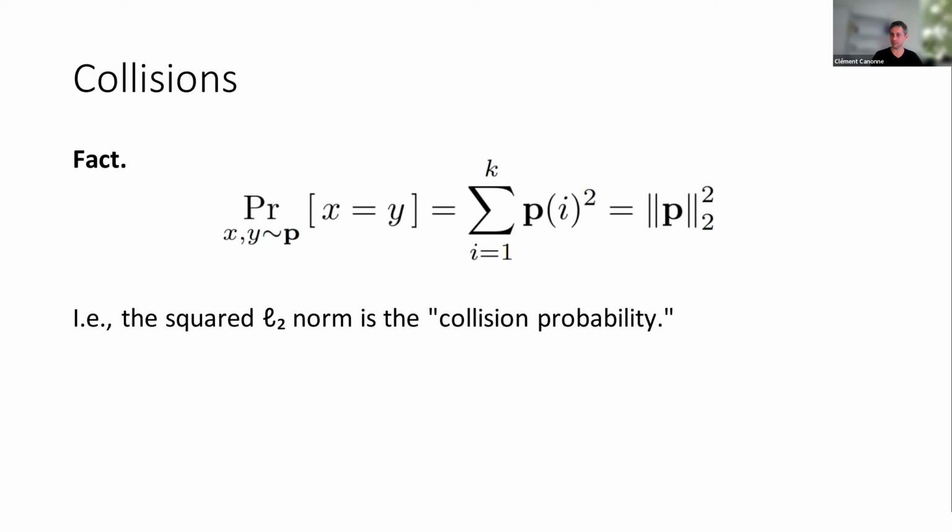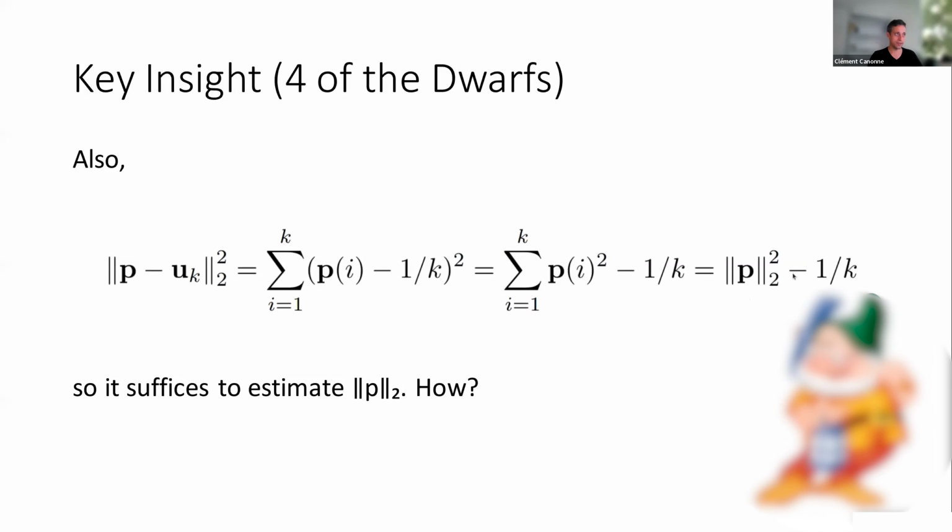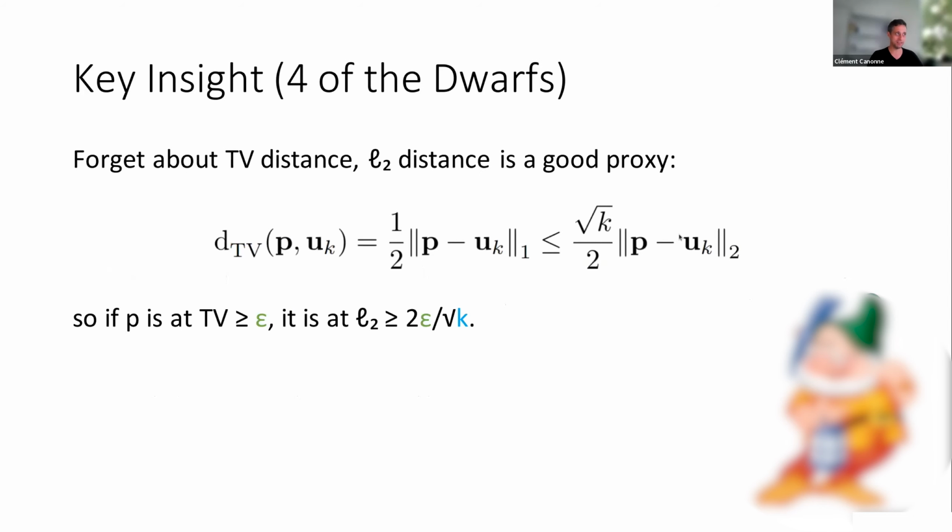So that suggests that the test I hinted at before, take a bunch of samples and compute the number of times you see a collision, should give me something about this. Because if I can estimate this accurately enough, then by this equation, I can estimate this accurately enough. And by this one, I can distinguish between it's 0 and it's at least epsilon over square root k.